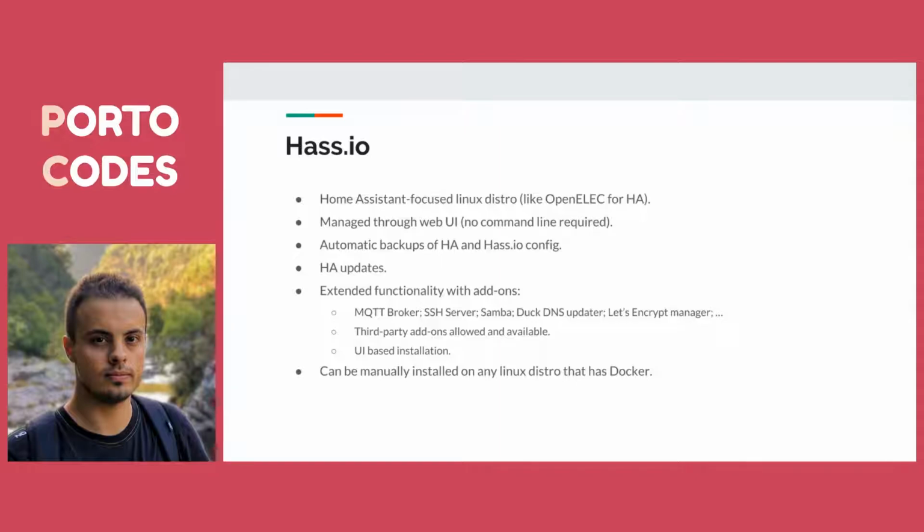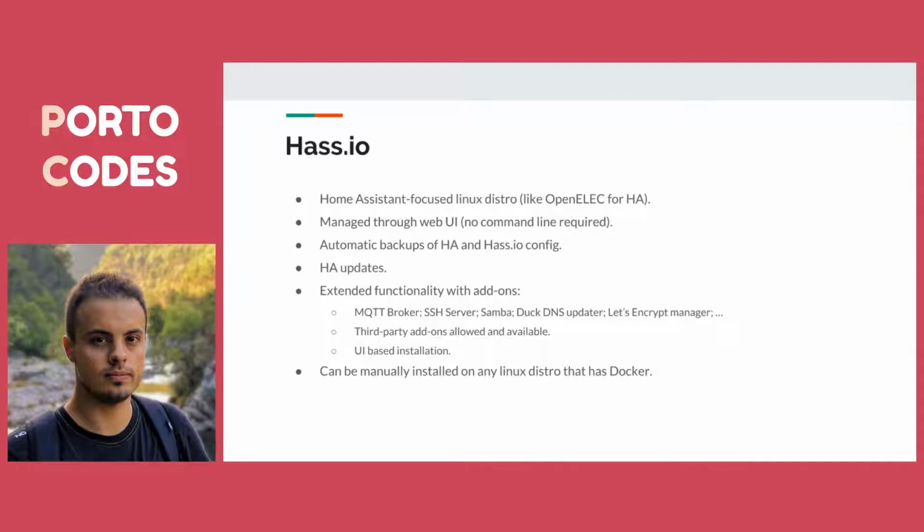Hass.io, as I said, is a Linux distribution that is focused only on Home Assistant. So you don't really have access normally to a terminal because the intent of it is to install it on a Raspberry Pi and manage it entirely through the UI.